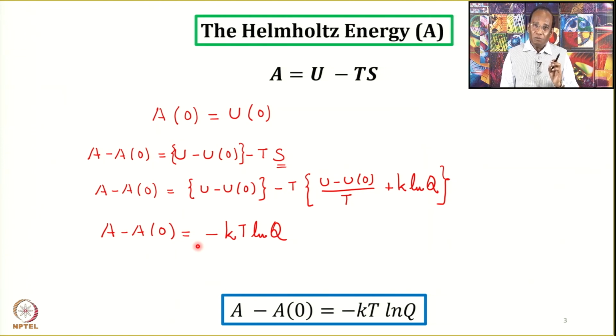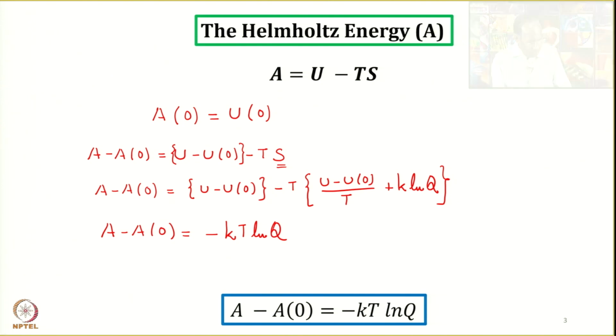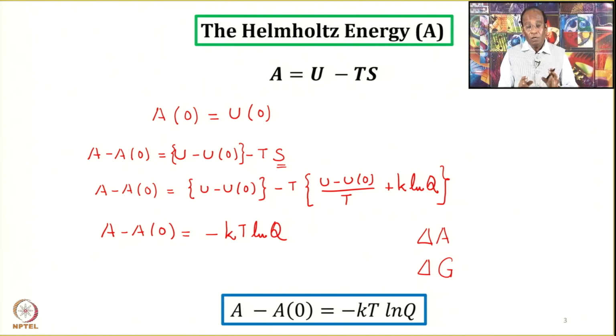If you go back to the concepts of chemical thermodynamics, usually the two thermodynamic quantities, changes of which were very widely discussed, were either delta A or delta G. Delta A is a measure of maximum work that a system can do, inclusive of pressure volume work and non-pressure volume work.